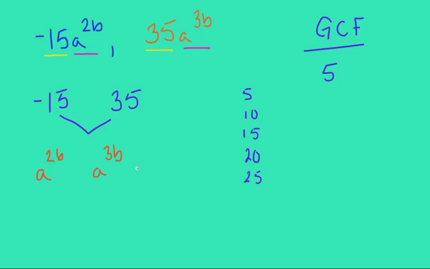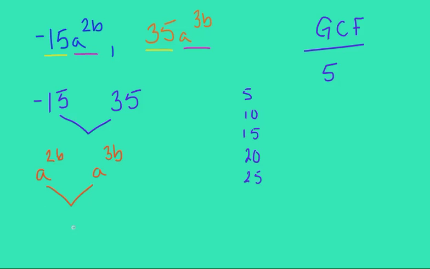When we're dealing with exponents, the best way to find the greatest common factor is just to find the lowest exponent, because realistically that's exactly what the greatest common factor is. It's finding the biggest number, and that's where it can get confusing, but when we're dealing with exponents we have to think of it in an opposite way. So when we have a to the 2b power and a to the 3b power, the largest number that goes into both of them is 2b, because 2b as an exponent can go into 3b.